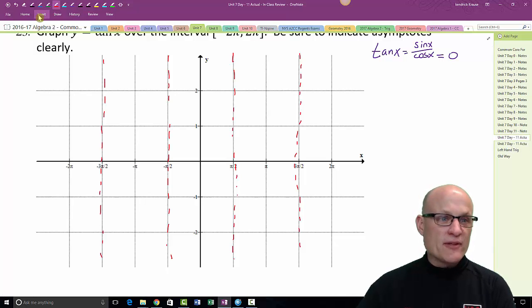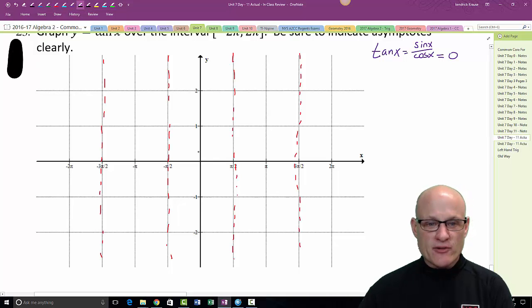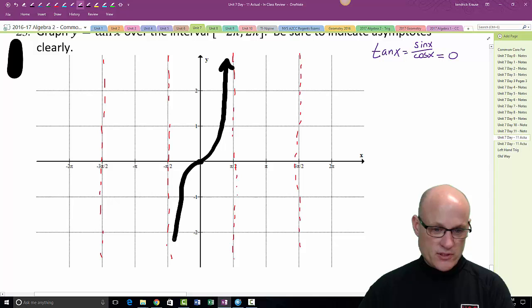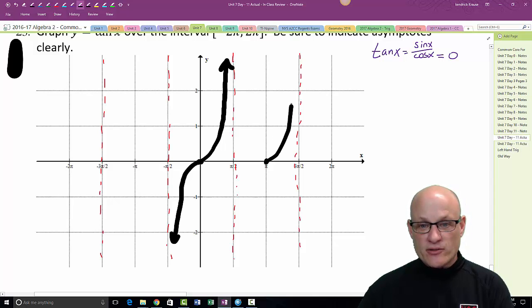Now I need to graph this. Ooh, wow, that's terrible. So I'm going to graph it with this big dot here. So remember, it's going to go to the origin, and it's going to approach this line asymptotically. But it's a repeating function. It's going to start here, and it's going to do that same thing this way.